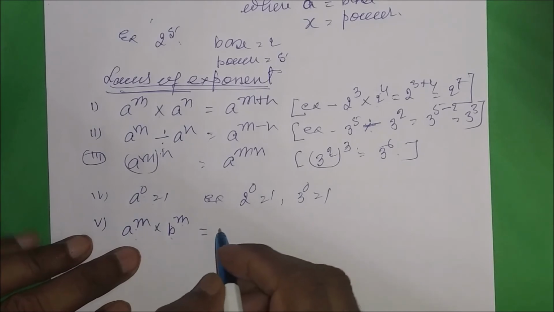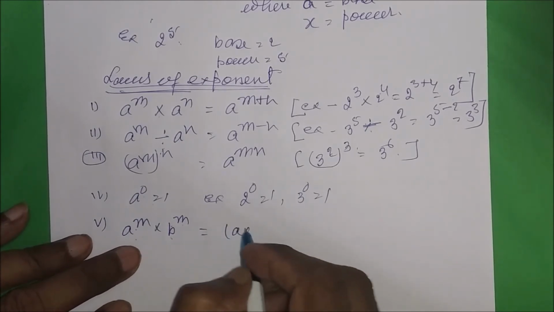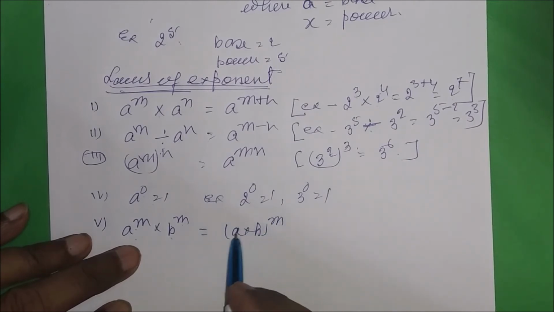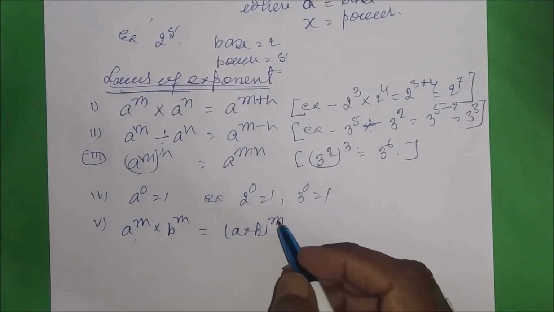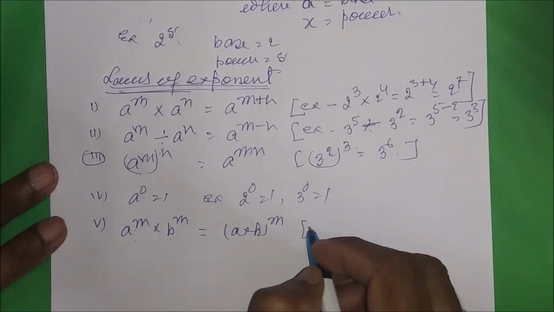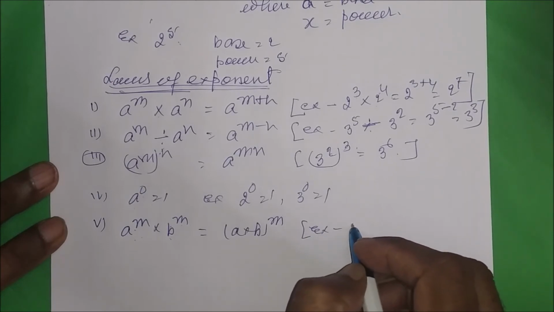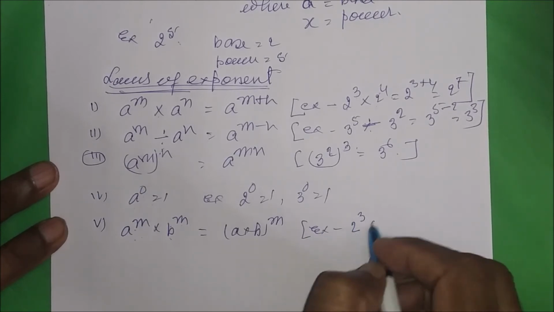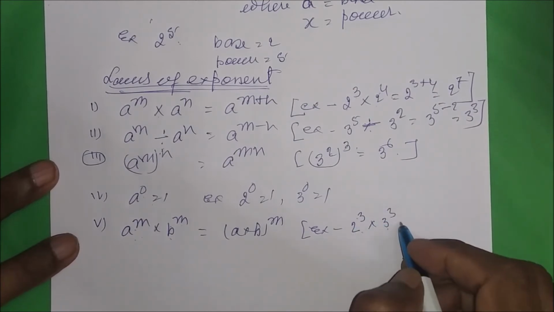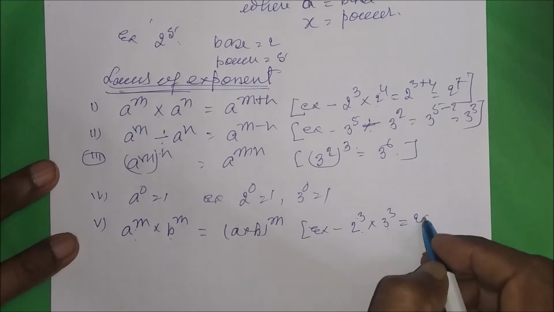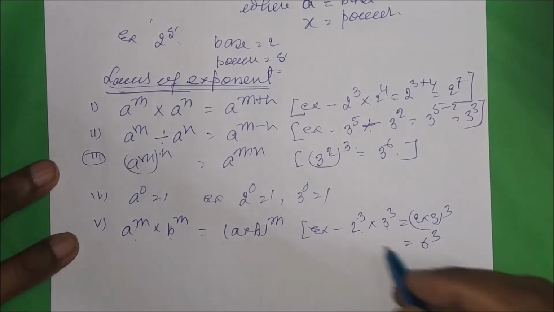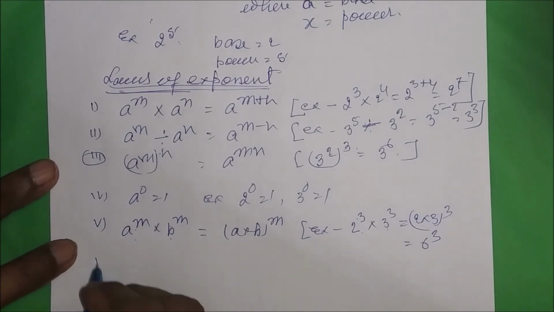So we can write the same thing in a bracket, a into b, to the power m, meaning this power m applies to a and b both. For example, 2 to the power 3 into 3 to the power 3. The bases are different, but the powers are equal. So we can write 2 into 3, to the power 3, or 6 to the power 3.